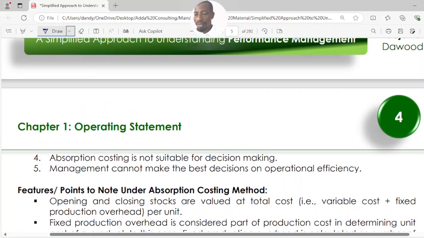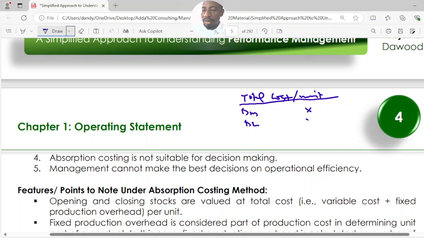Okay, so that's why we are saying that opening and closing stocks are valued at total cost per unit. Let me also demonstrate further. If I want to determine total cost per unit, like I said, you add up the direct material, direct labor, direct expenses, variable production overhead, then fixed production overhead.